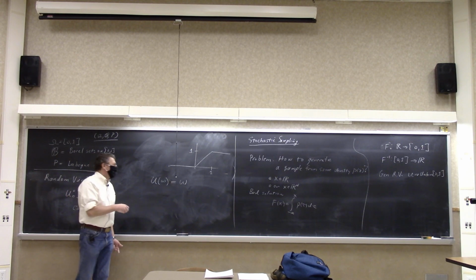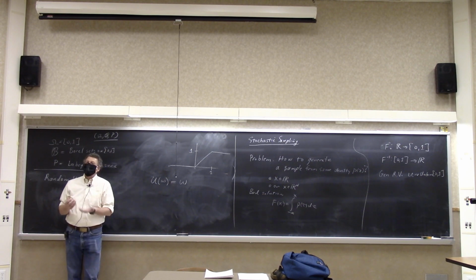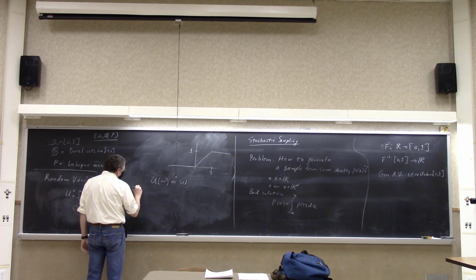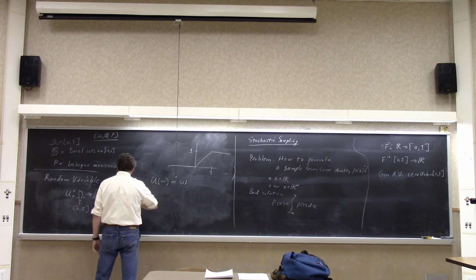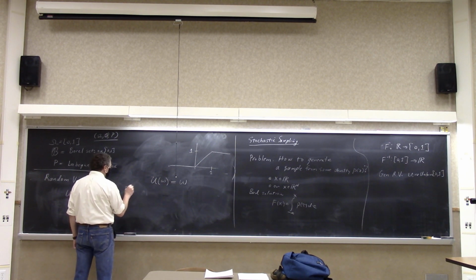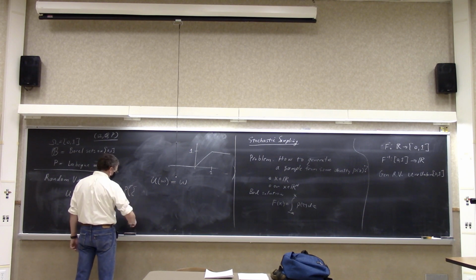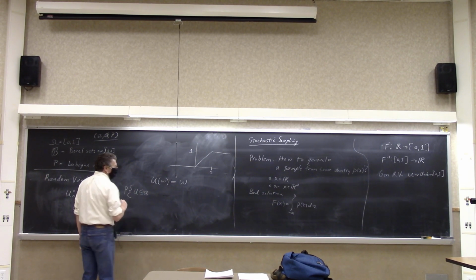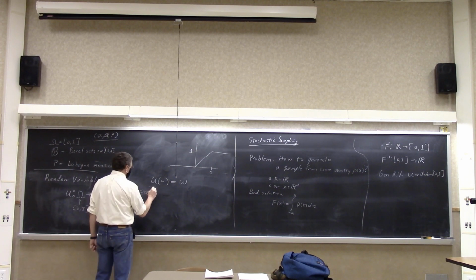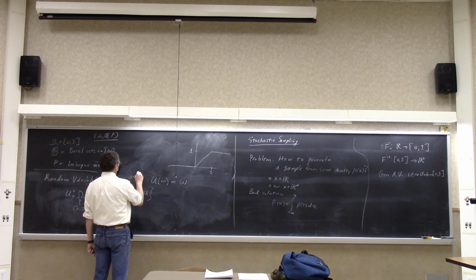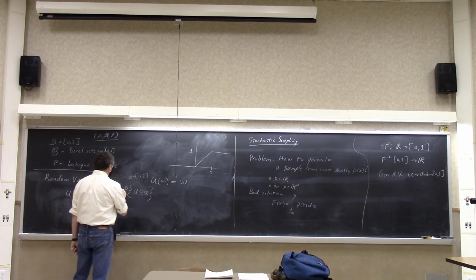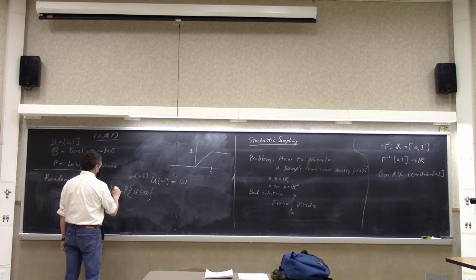But this is what it means to be a random variable, okay? Because I say, well, what's the probability that u, say, is less than a, for, say, a in the interval 0, 1? By the way, that also happens to be the cumulative distribution function.